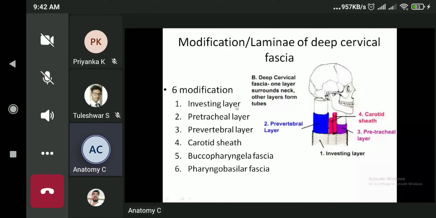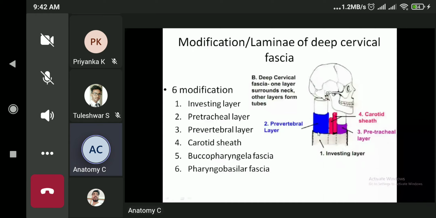To enlist them, first is the investing layer of deep cervical fascia. As the name suggests, investing means it invests all the structures present within the neck, or let's say it encircles the neck, just beneath the skin and superficial cervical fascia. Here, this is the investing layer.